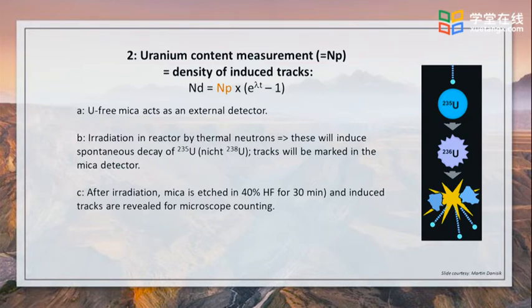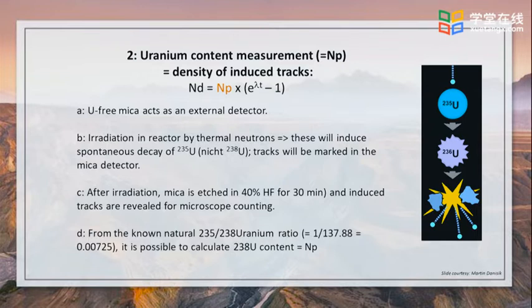After irradiation, the mica is etched, and induced tracks are revealed and counted using microscopy in the same way as the spontaneous tracks are analyzed. Provided we monitor the thermal neutron flux, the number of induced tracks is indicative of the abundance of uranium-235.